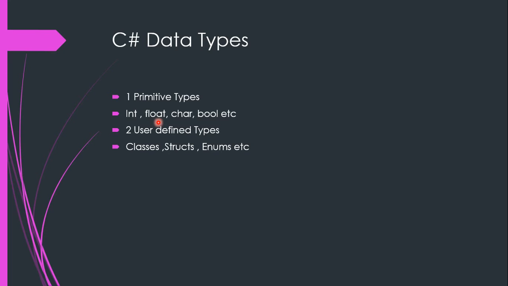The character data type consists of symbols, characters, and alphabets. It may contain digits from 0 to 9.